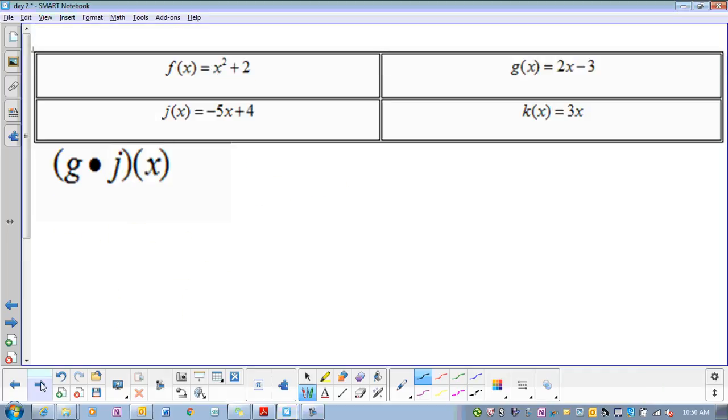So this problem would probably be the most challenging type of problem I would give you for a multiplying functions operations problem. All right, this one is together. Let's separate it. So this turns into a g of x times a j of x.